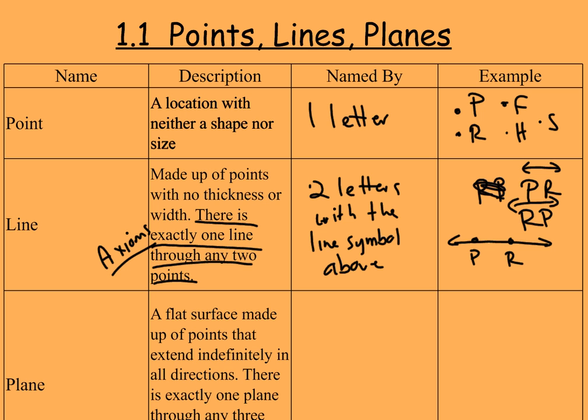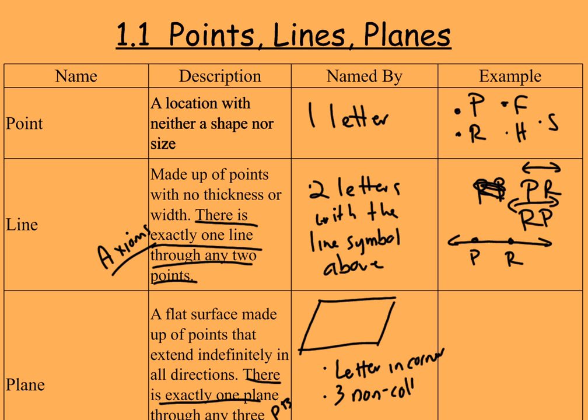A plane is a flat surface made up of points that extend indefinitely in all directions. There's exactly one plane through any three points, and it is named in one of two ways: either a letter in the corner, or three non-collinear points.